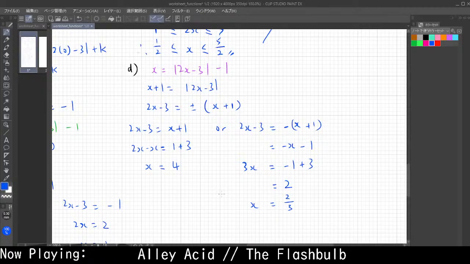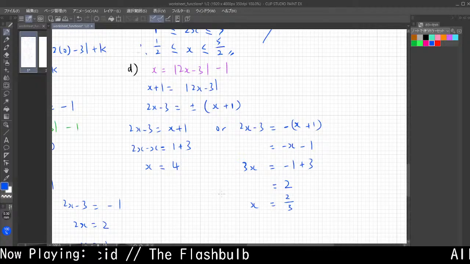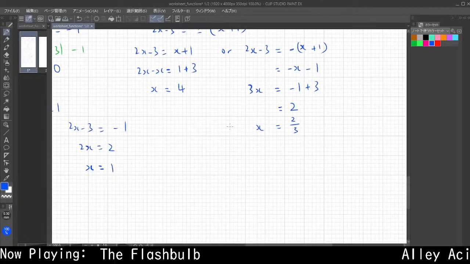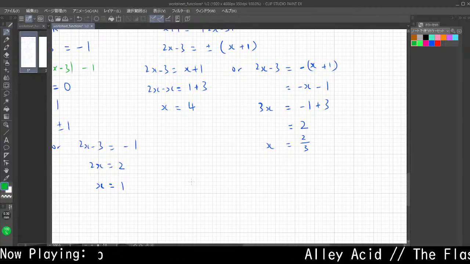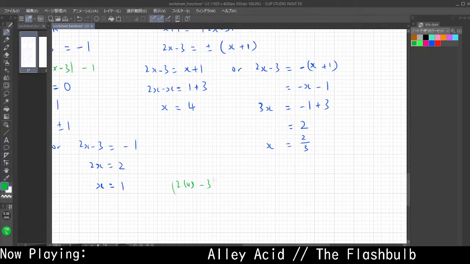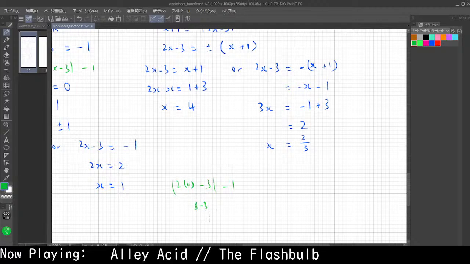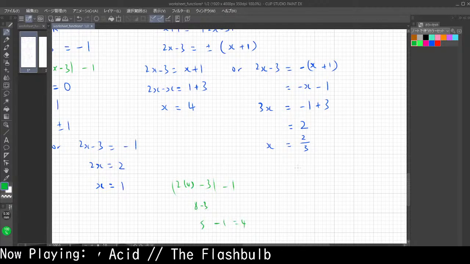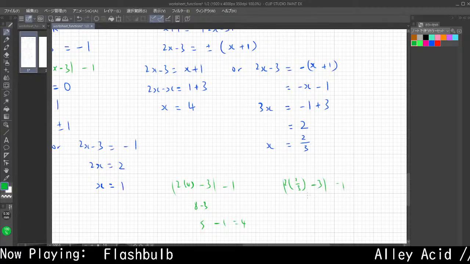You can double check by substituting your 4 and 2 over 3 into f(x). Let me just try over here so I can verify the answers. 2 bracket 4 plus 3, absolute value, minus 1. This is 8, 8 minus 3 is 5, 5 minus 1 is 4. Then 2 bracket 2 over 3 minus 3, absolute value, minus 1.